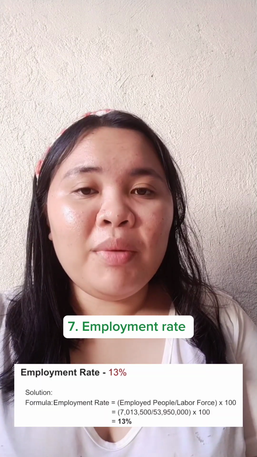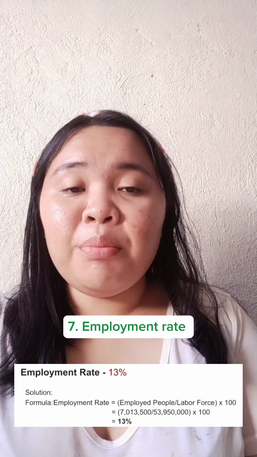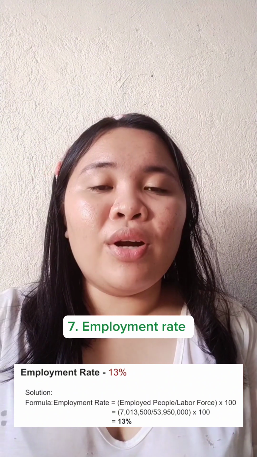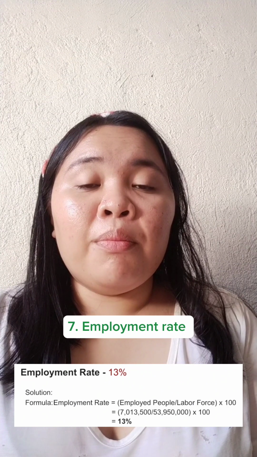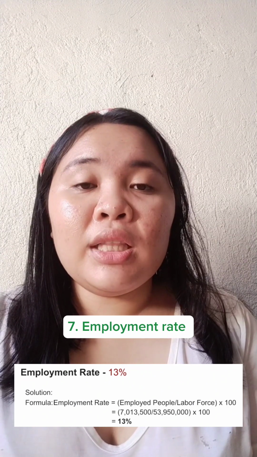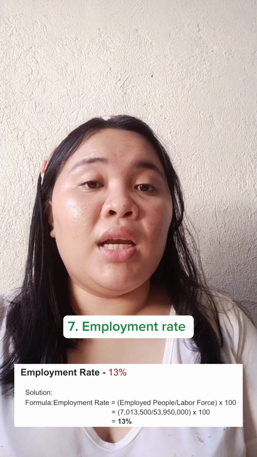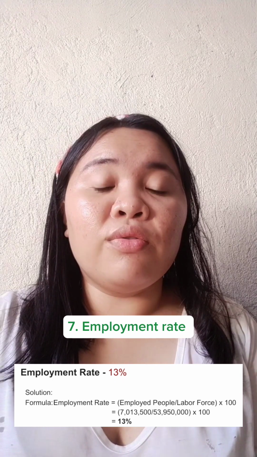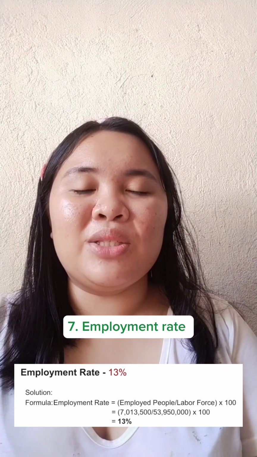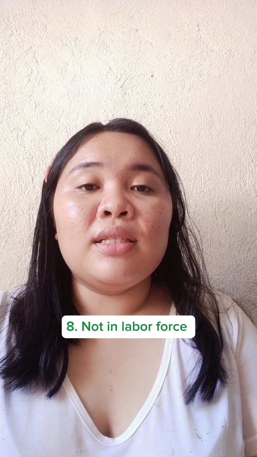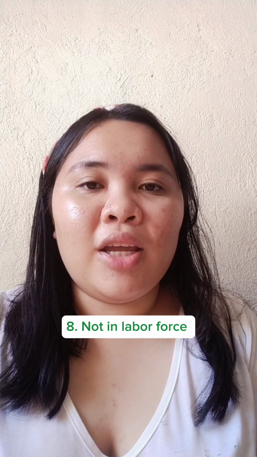Number 7. What is the employment rate? The formula in getting the employment rate is employed people divided by the labor force times 100. So, therefore, 7,013,500 divided by the labor force of 53,950,000 times 100 is equal to 13%. 8 is, what is the total of the not in the labor force?